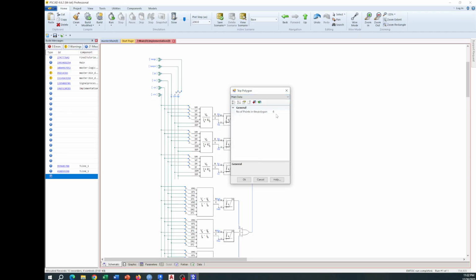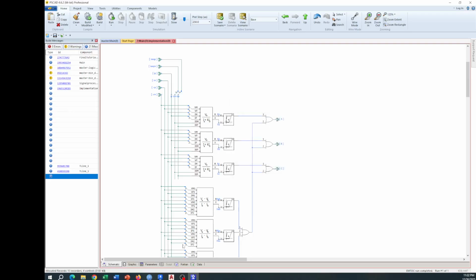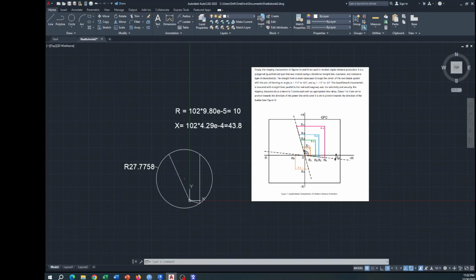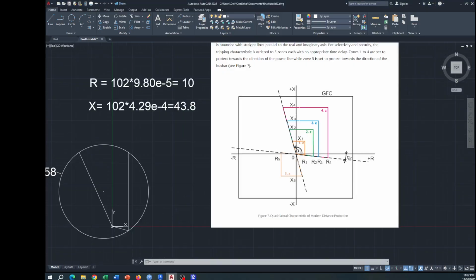Instead of 6 points I will use 4 points, because I found a simple characteristic. I will show it for only one, and if you need, you may do it by yourself. I will upload the file in my GitHub channel.